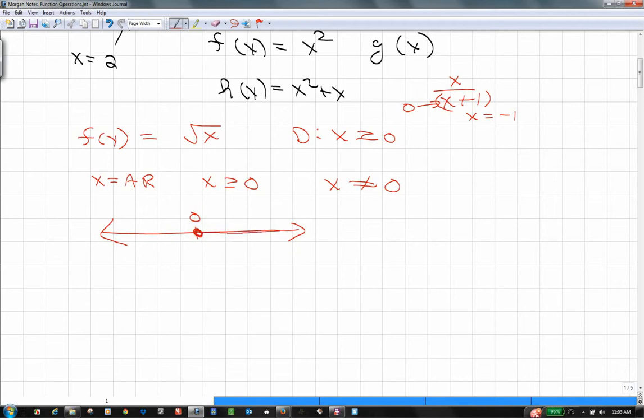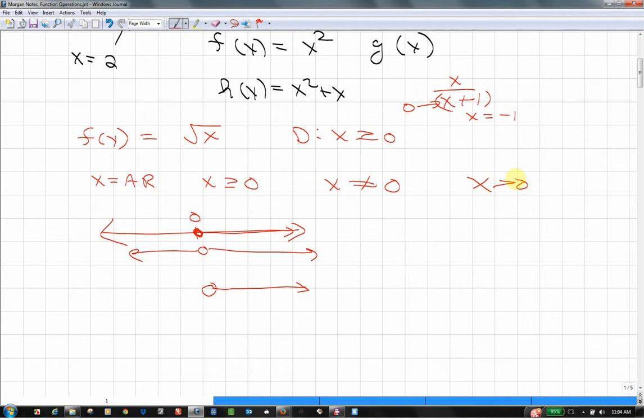That would be this number line. And then I would have the situation where x could not be equal to 0. So x could be everything but 0. And if I would look at the intersection of all three of those, what my end value would be, x would have to be greater than 0.